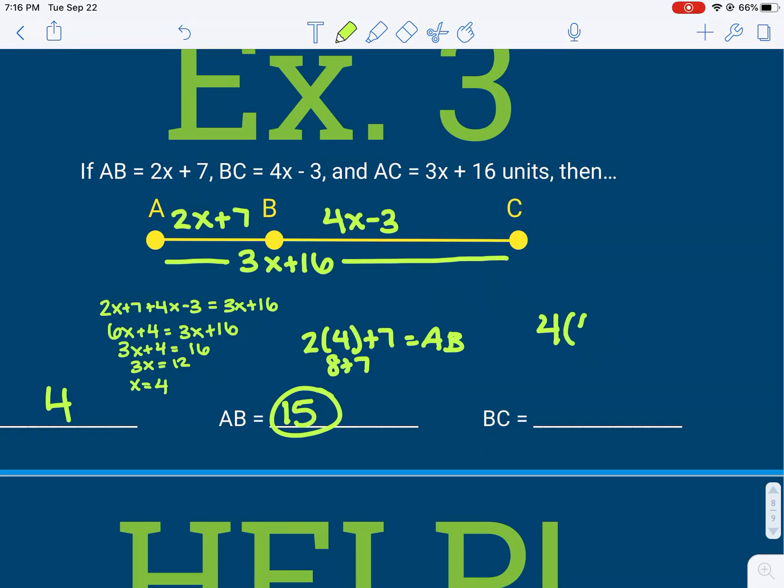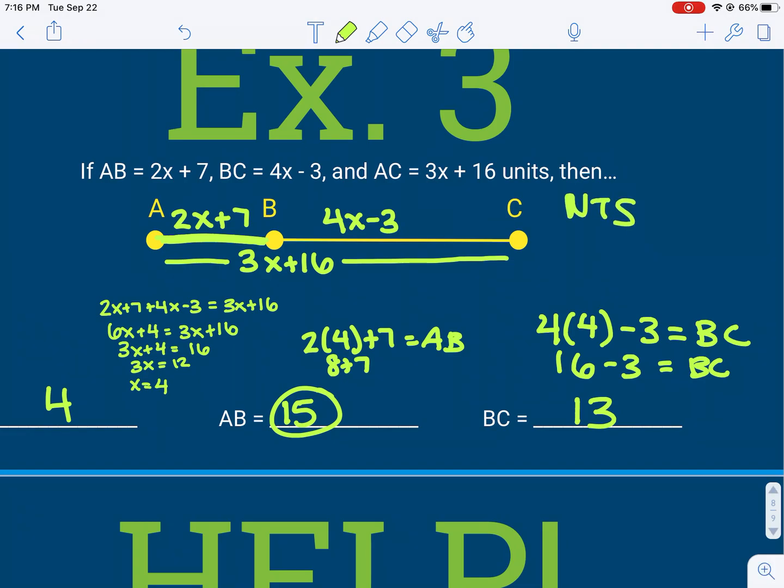So 4 times x, which we've said was equal to 4, minus 3 must equal the length of BC. So I get 16 minus 3, or 13. And again in our picture, AB looks like it should be less than BC, but we drew our picture before we found our answers. So we didn't know that AB was going to be bigger than BC when we drew it, and that is okay. If it bothers you, add your little not to scale.